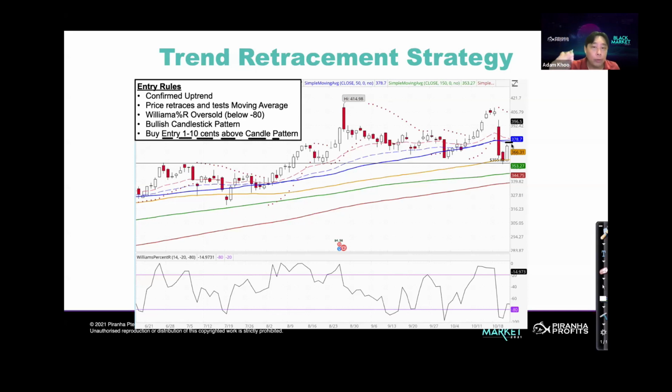So that the next day, if the price goes up, it would trigger the order and I'm in the trade. But if the price goes down, it will not trigger my order. That's why it's important that you place the buy order above the high of the candle. So we use a buy stop limit order.